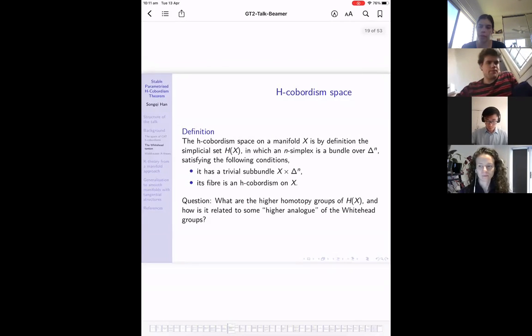As was said, there's a map from the connected components of H_X to the Whitehead group. But what can be said about the higher homotopy groups of this h-cobordism space? And how is this related to some higher analog of the Whitehead group?